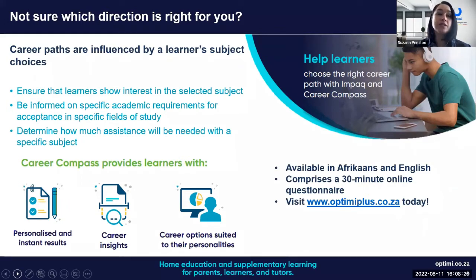The universities also have different kinds of requirements for the courses. So it might not be that a particular university offers a particular course and has exactly the same requirements as another university. We even get the question around international studies. Again, if your child is interested in international studies, have a look at what their requirements are.